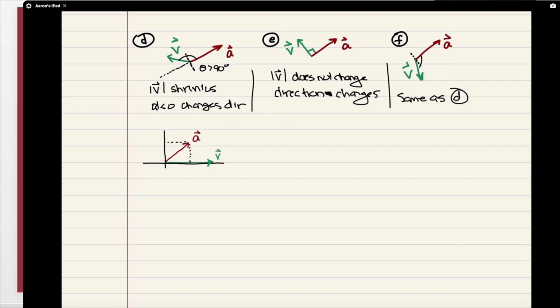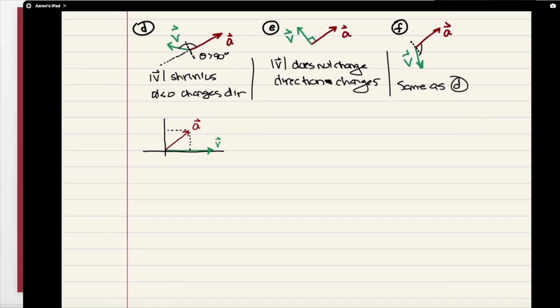Just like we did when we looked at the components of a vector, where some part was pointing in the x direction, some part was pointing in the y direction, I could do the same sort of thing, but instead of saying x and y, I could say there's a part of the acceleration vector that points in the same direction as V, and there's a part of the acceleration vector that points perpendicular to V. So there could be this component here, which I could call A parallel, the part of A that is parallel to V. And then there's this part of the vector, I could call it A perpendicular, the part of the vector A that is perpendicular to the velocity.